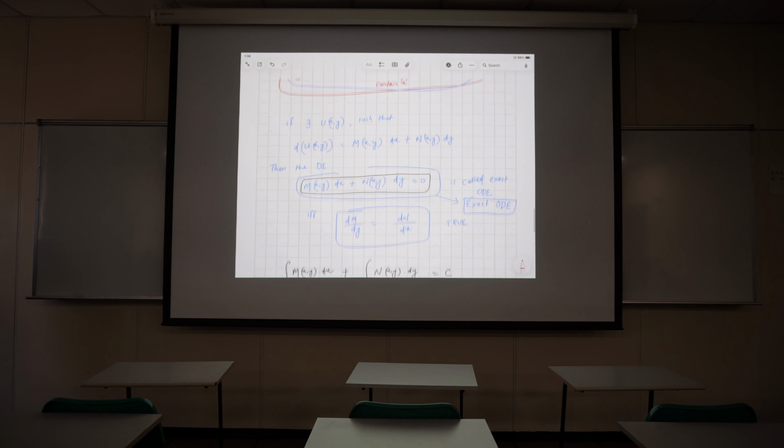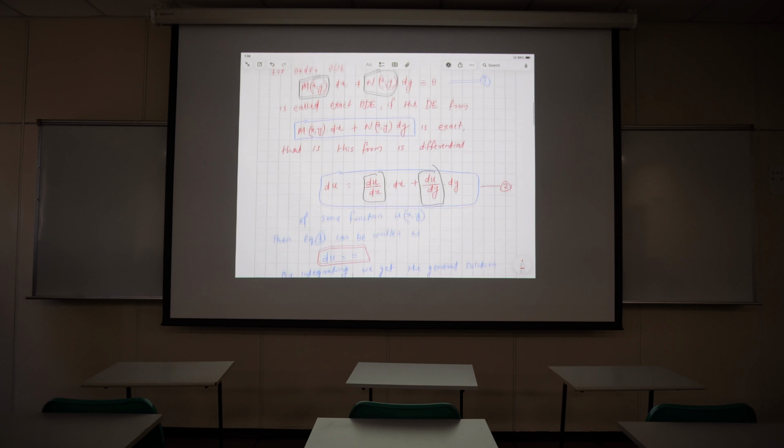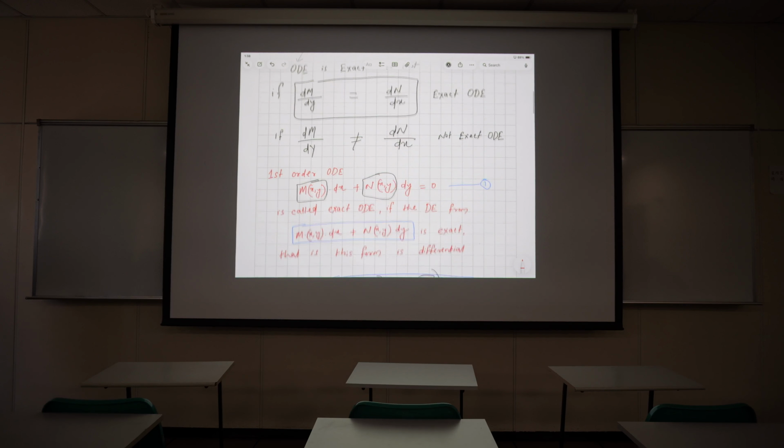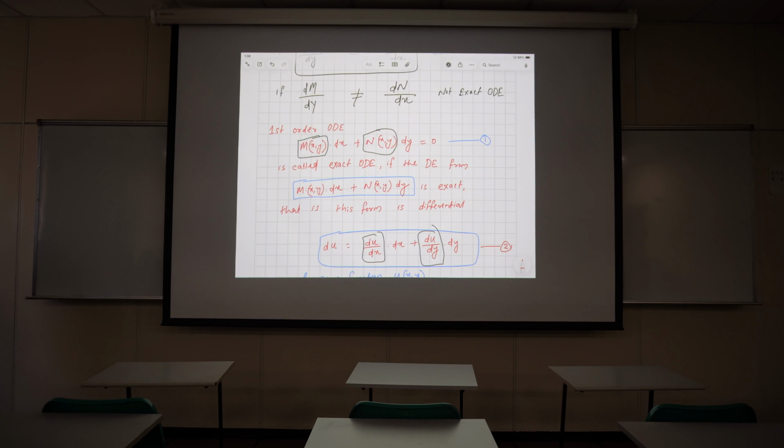If you see in the beginning, I have defined here M dx plus N dy. When I define the first order ODE for this particular one, I clearly define which one is M and which one is N.